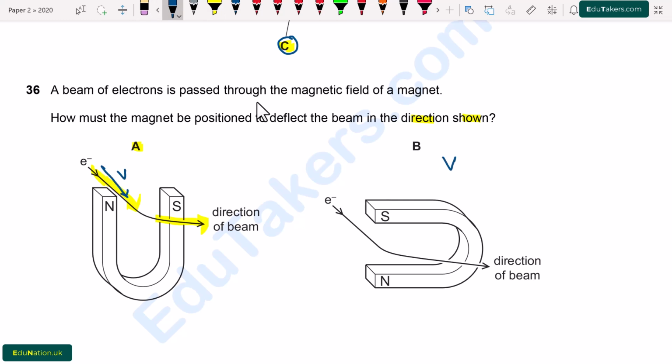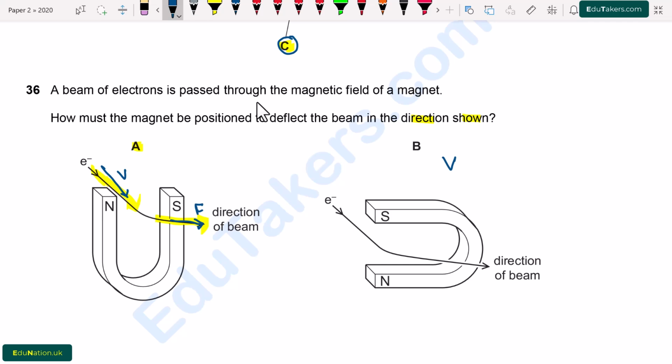This is basically the velocity direction, and these are deflected in this direction. This is basically the force. So in the right hand rule, we point our fingers in the direction of velocity and curl them in the direction of the magnetic field. Then our thumb will point out the direction of force or deflection of the beam.